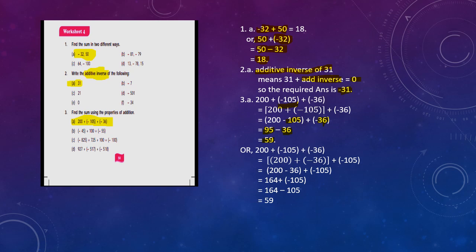Like 200 plus minus of 36 means 200 minus 36, and add the minus 105 with them. 200 minus 36 is equal to 164, and add minus 105 to 164. 164 minus 105 is equal to 59.